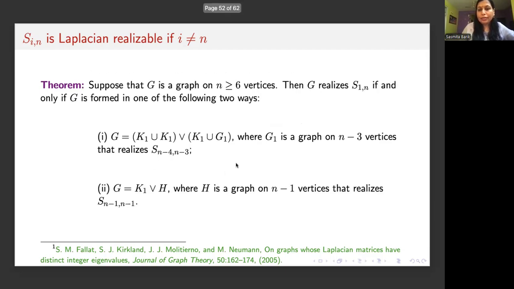In the first construction also for S1n, the first case is saying that n minus 4 is missing in a graph on n minus 3 vertices, but the second case is saying n minus 1 vertices and n minus 1 is missing.